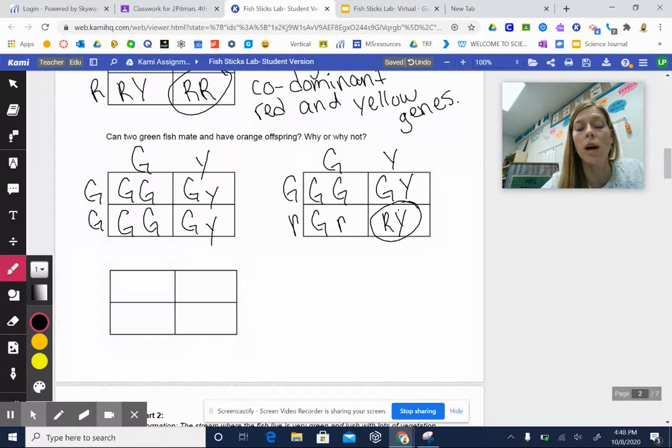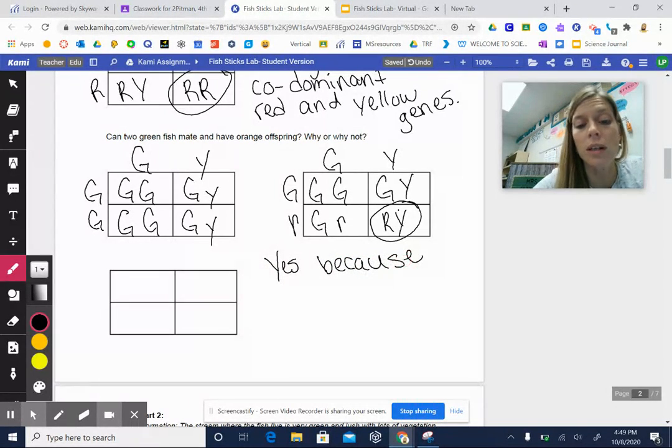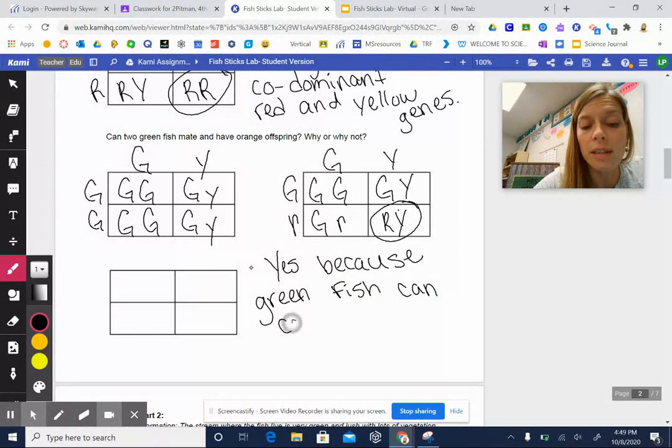Well, why? Remember, I have to talk about dominant and recessive. So you should have had something along the lines of yes, because green fish can carry recessive red and yellow genes.